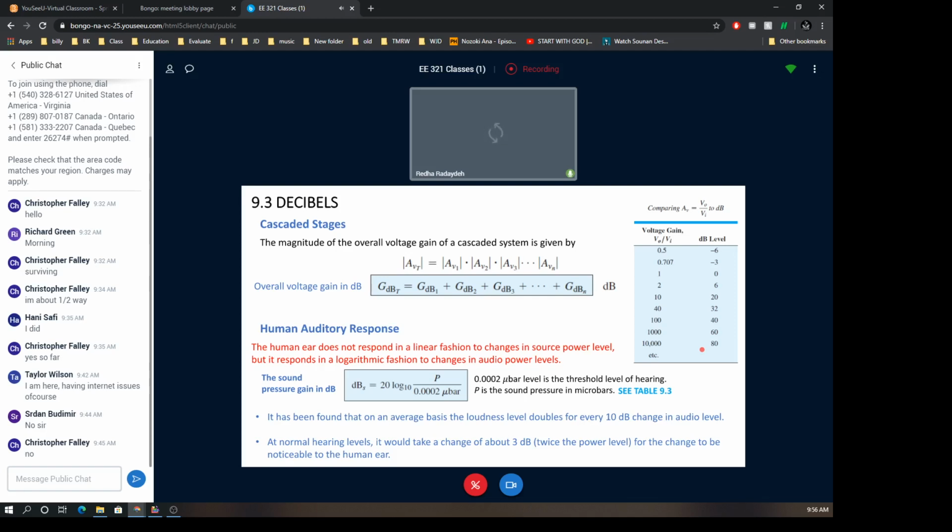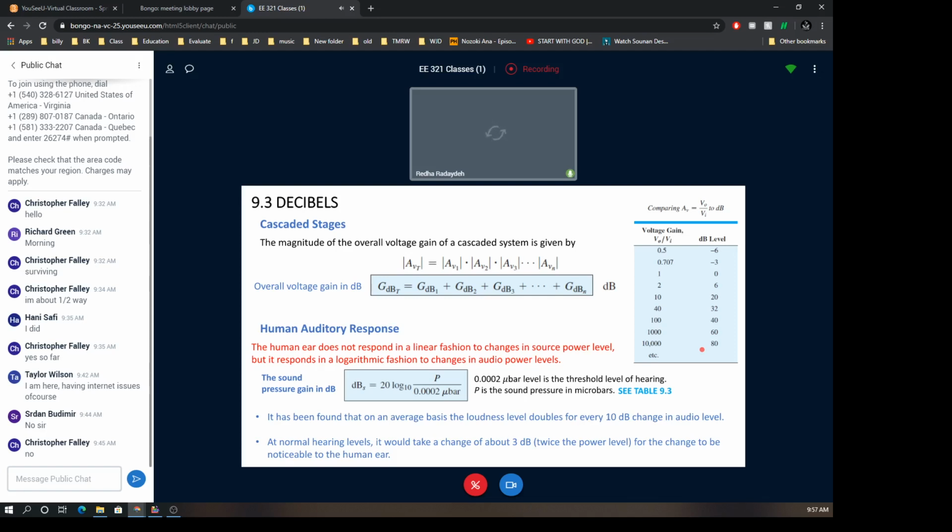The reference pressure is 0.0002 microbar. This is a unit of pressure, bar. That 0.0002 microbar is the threshold level of hearing. In order to hear any sound, the sound pressure should be above that threshold.